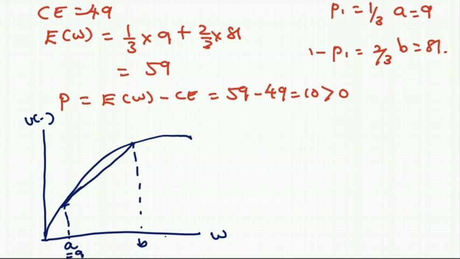A is 9. B is what? B is 81. All right. Now, if we have the average, then we have E(W) here between these two using this. You get what I mean here? So E(W) here is 59.